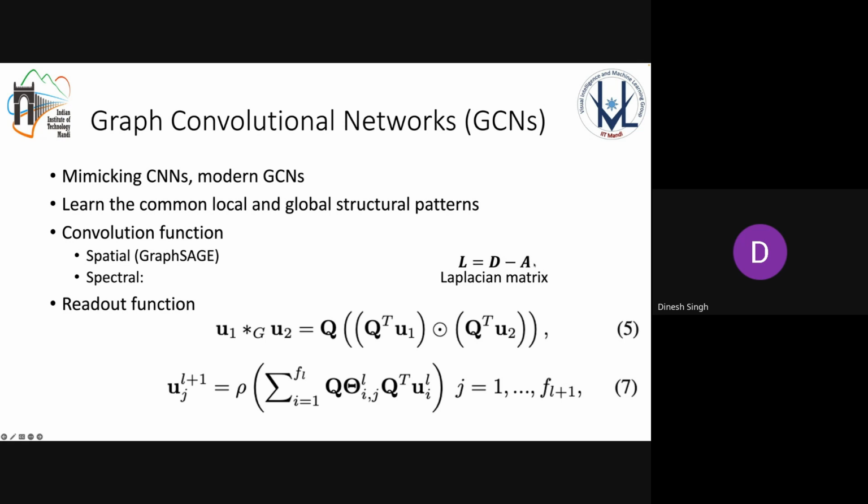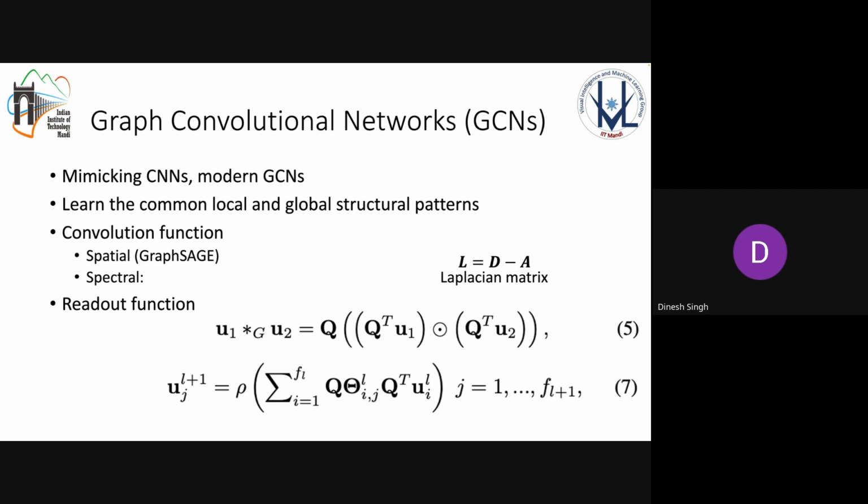So D minus A is called the Laplacian matrix. Now for L, if we take the row-wise sum, that is 0, because from the degree we subtracted A. For the Laplacian matrix, we can take a low-rank approximation, mainly SVD-like decompositions or eigen decompositions.